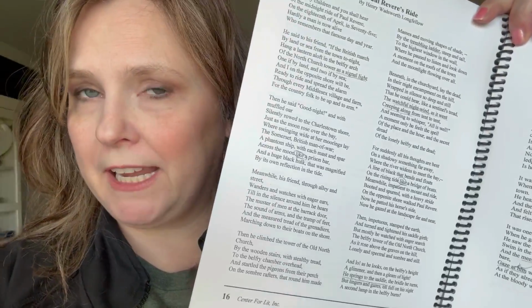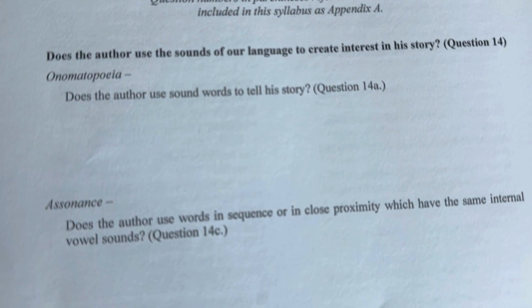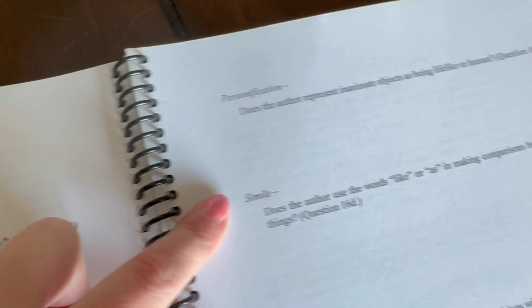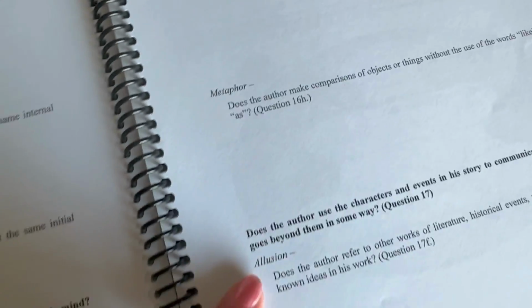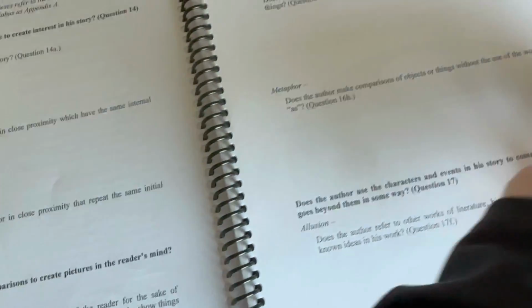And then I made a copy of the poem for my kids with the questions that were on the next page. These were the questions that we were going to be going over and discussing: onomatopoeia, assonance, alliteration, imagery, personification, simile, metaphor, allusion.